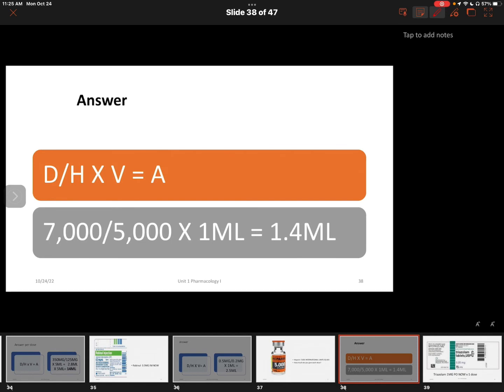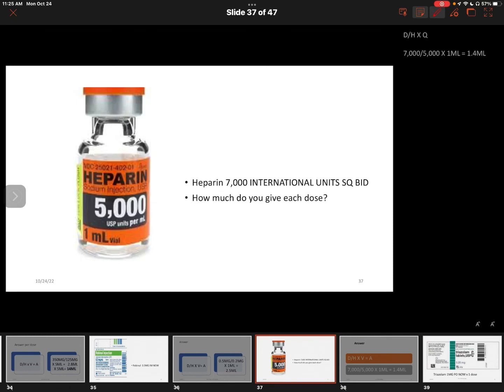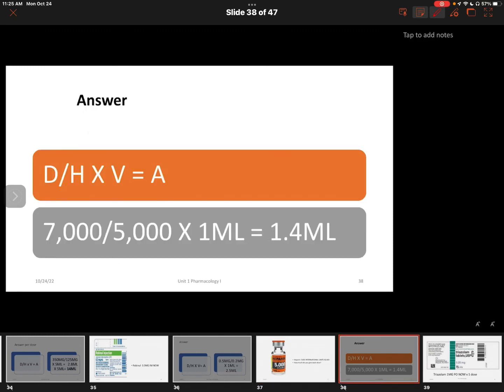D over H times V gives us an answer. So 7,000 international units is what's ordered. 5,000 international units is what we have on hand. After you divide that, you would multiply it by 1 milliliter because that's exactly what's in the bottle. And we're using 5,000 per 1 milliliter as what we have on hand.